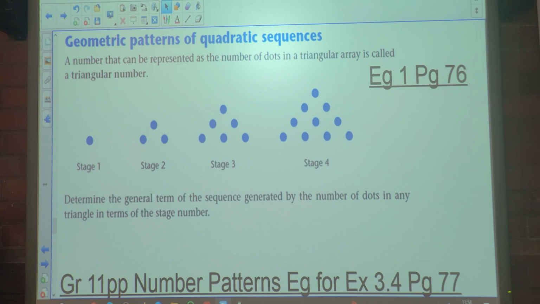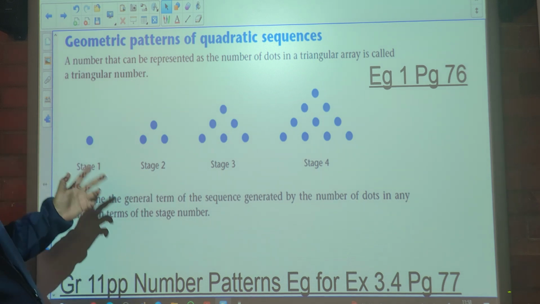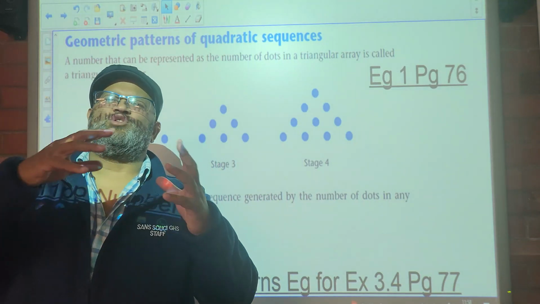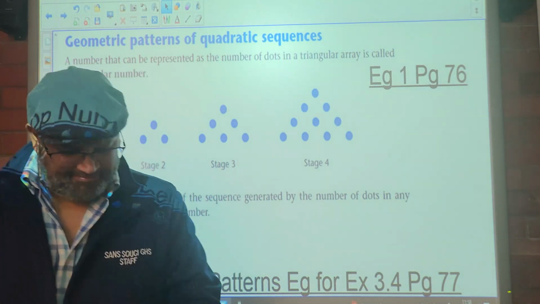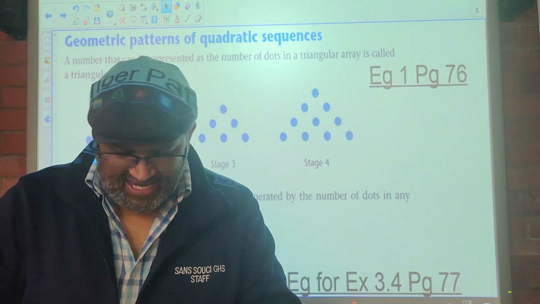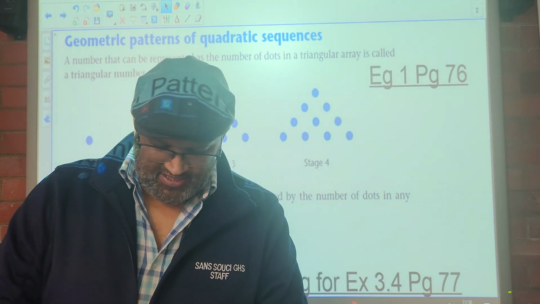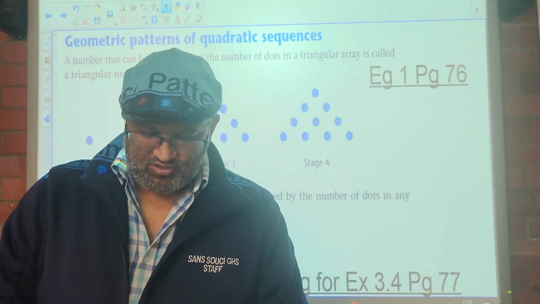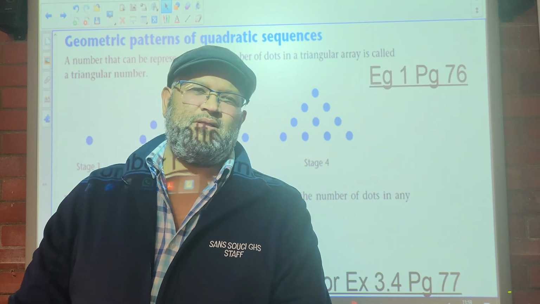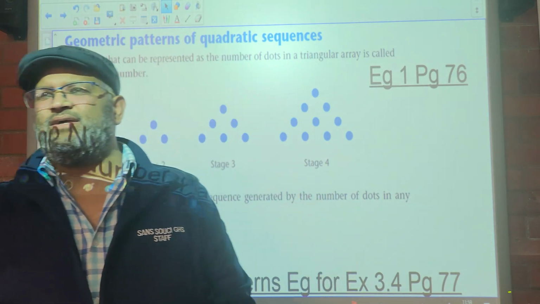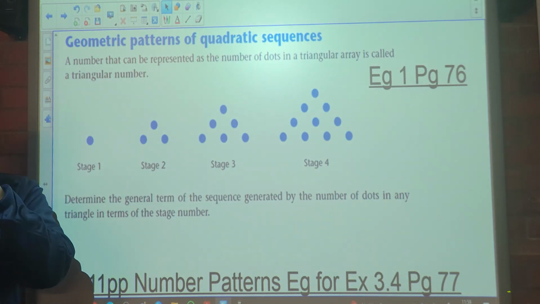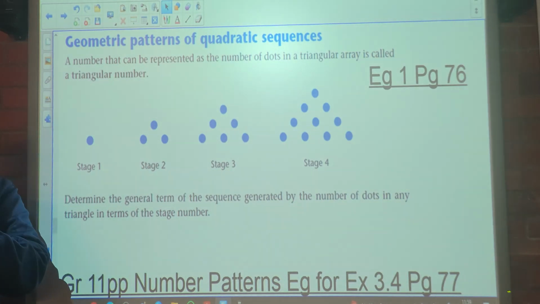Whenever you are given a geometric pattern, be it dots, triangles, boxes, blocks, people, whatever it might be, I convert that drawing or diagram to numbers.